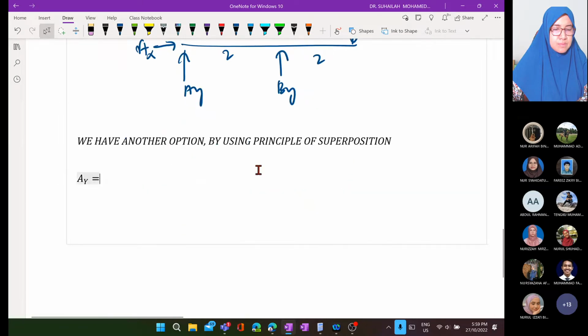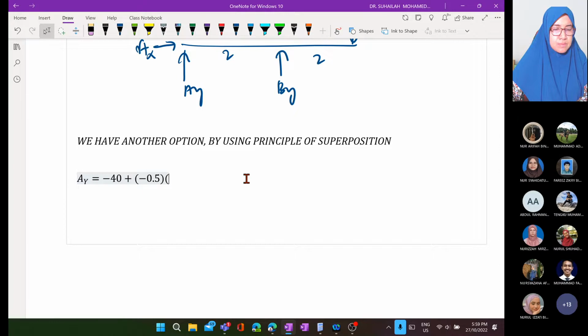What is Ay? Negative 40 plus negative 0.5, right? Negative 0.5 times the redundant.